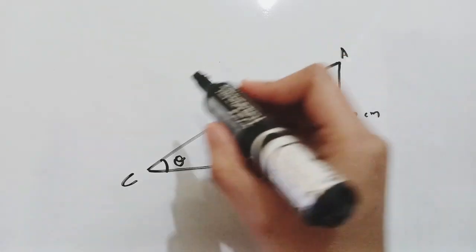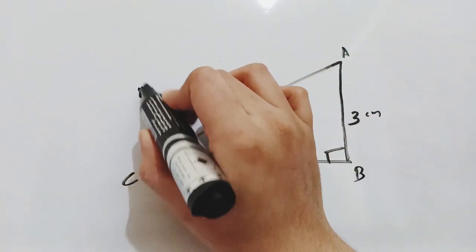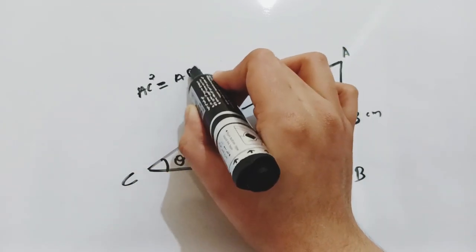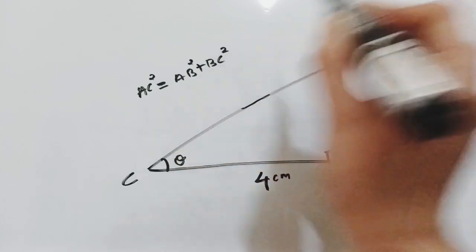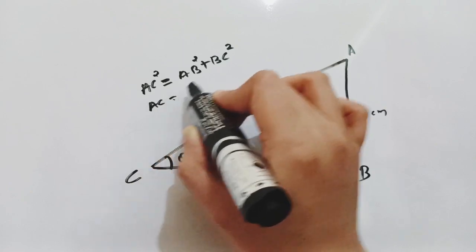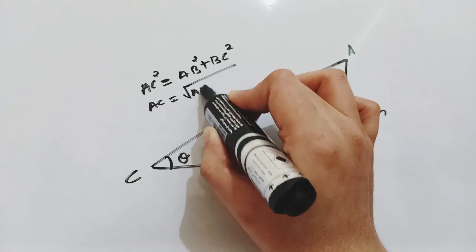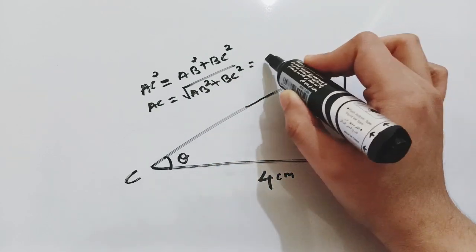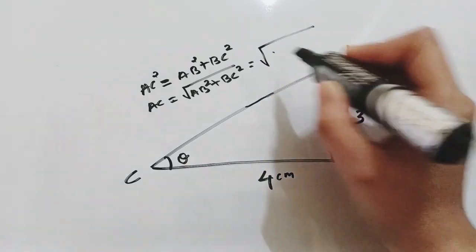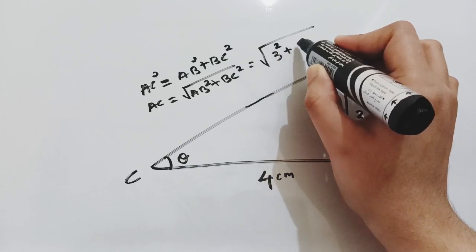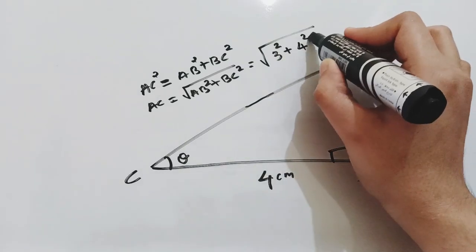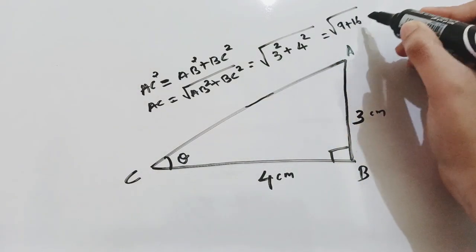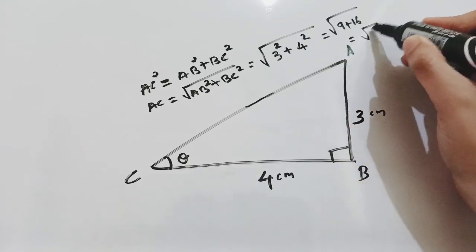Then we can find the hypotenuse by AC square equal to AB square plus BC square, or AC equal to root of AB square plus BC square, which is equal to root of 3 square plus 4 square, which can be written as root of 9 plus 16, which is equal to root 25.